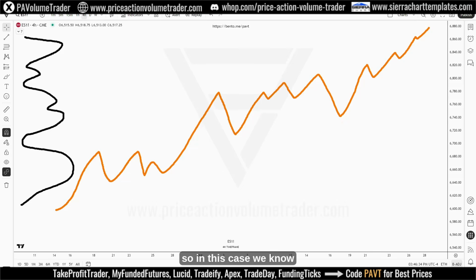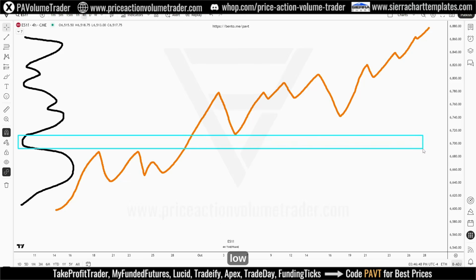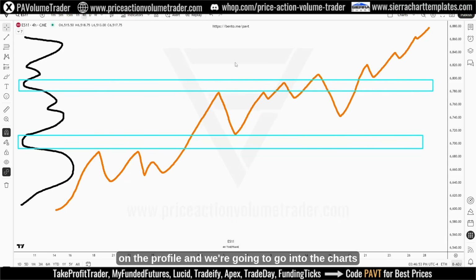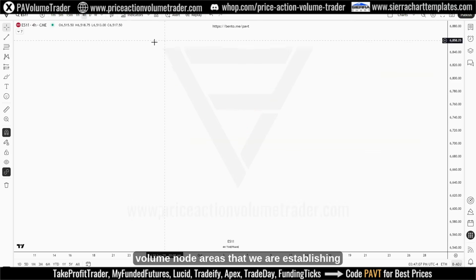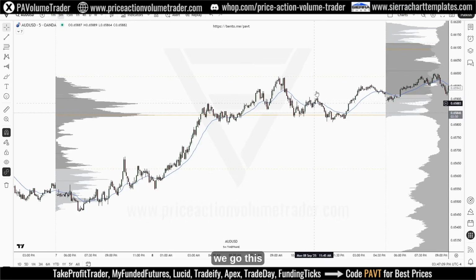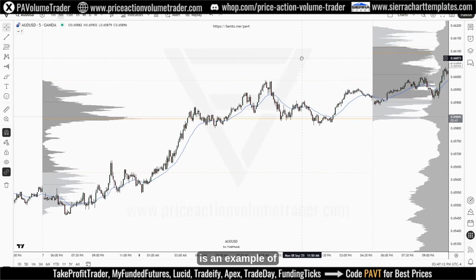In this case, the most logical place to put our protections is right beyond the low volume node areas that start to form on the profile. We're going to go into the charts and look at some examples. But as the market keeps moving, you can keep trailing your stop losses just behind the low volume node areas that we are establishing.